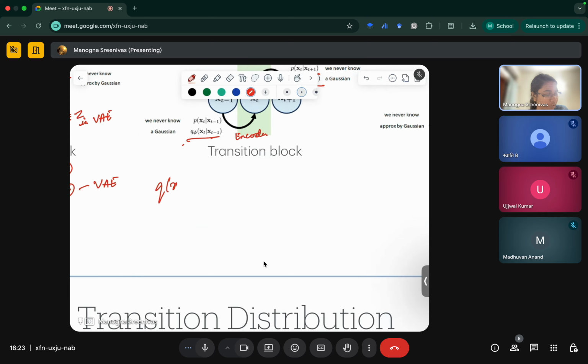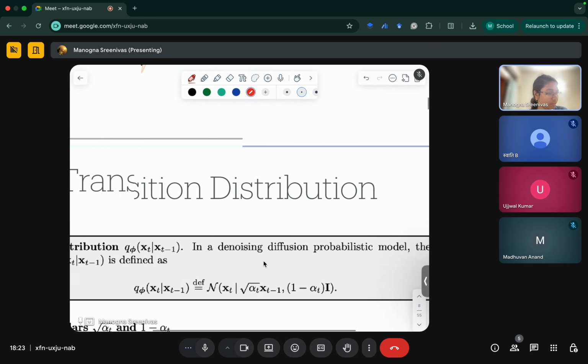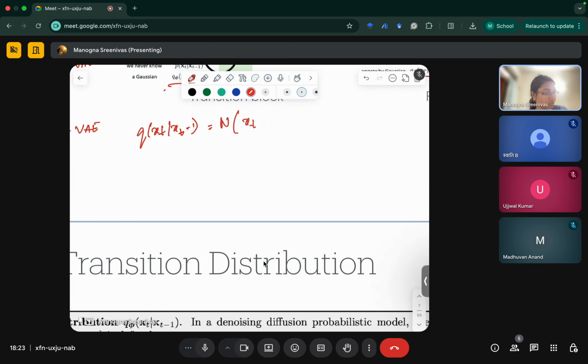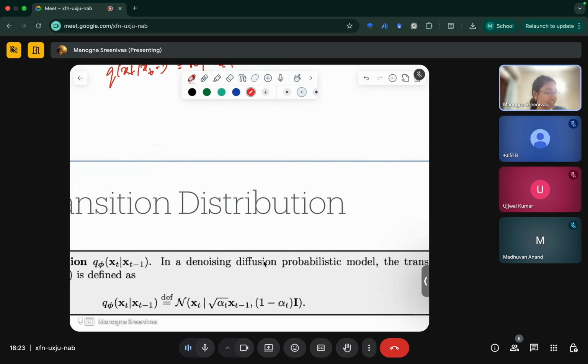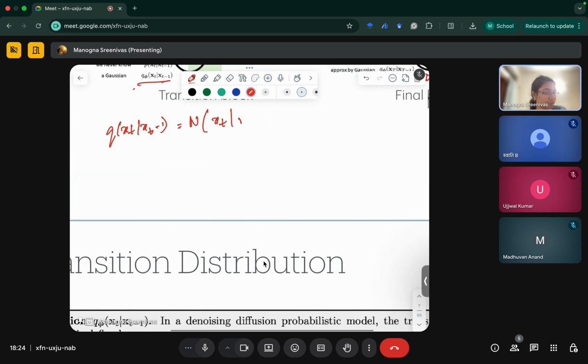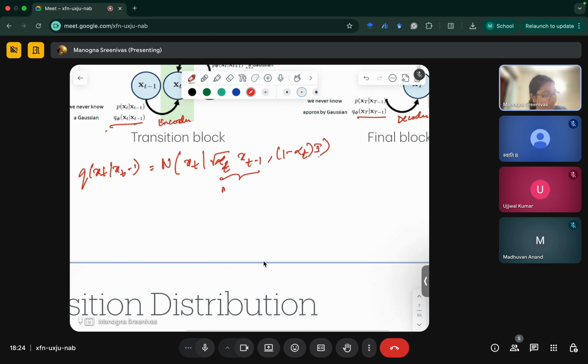So q of xt given xt minus 1 is given by xt, with its mean as root alpha t xt minus 1 and variance 1 minus alpha t into I.